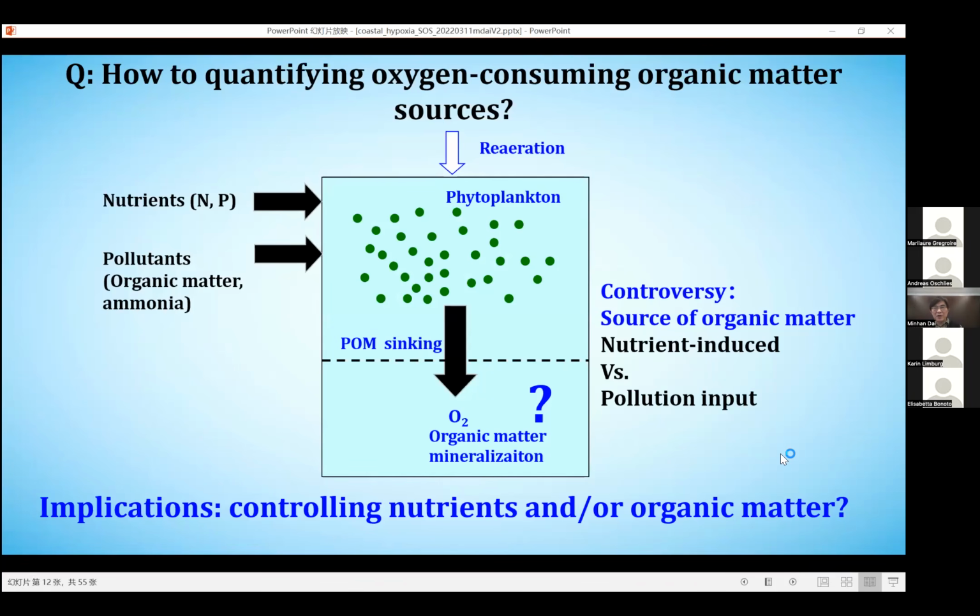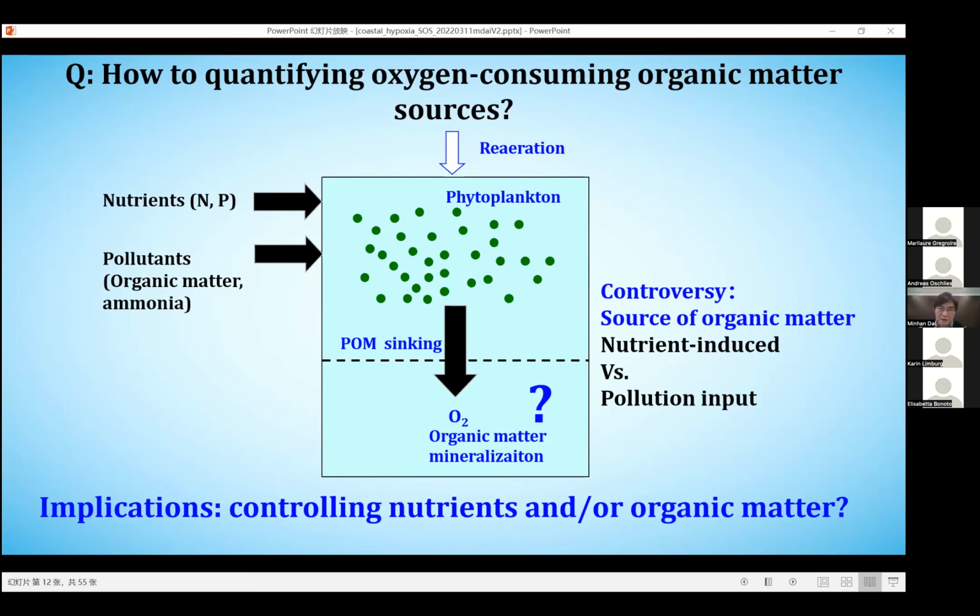I want to speak a little bit about the science, how to quantify, because one of the long-standing controversial issues is whether the hypoxia is directly linked to nutrient eutrophication driven, or whether it's pollutants, organic matter, ammonia. The degradation of organic matter or ammonia oxidation also consumes oxygen.